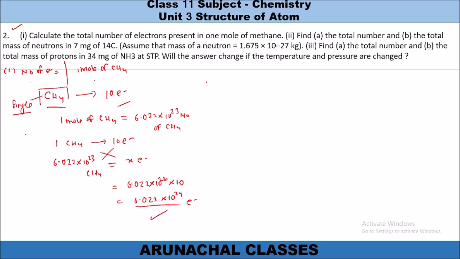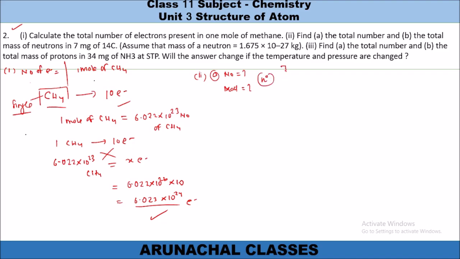Now the second question. In this one we have to find the total mass of neutron in 7 milligram.